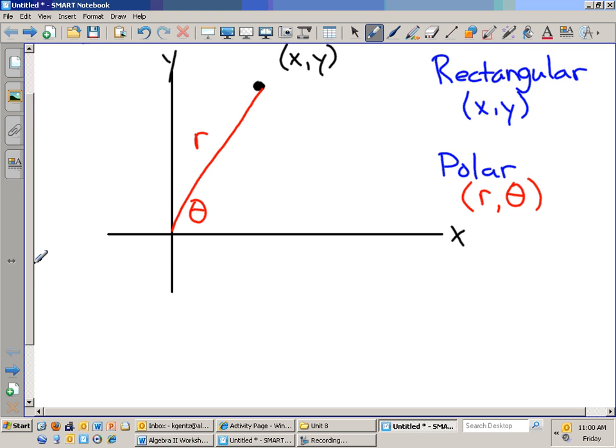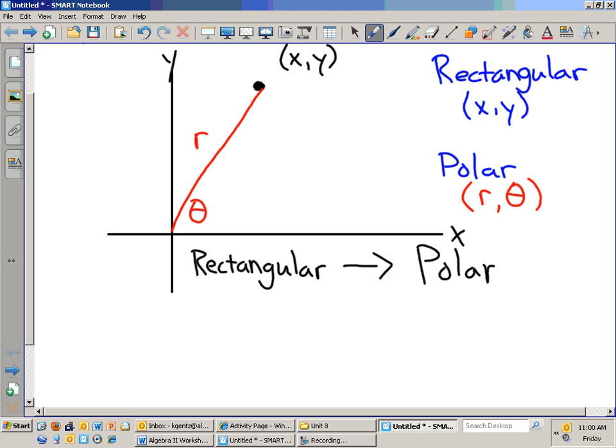Namely, if you want to convert rectangular to polar, there's a relationship that we look to exist between x, y, r, and theta.